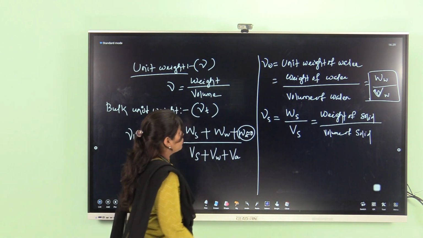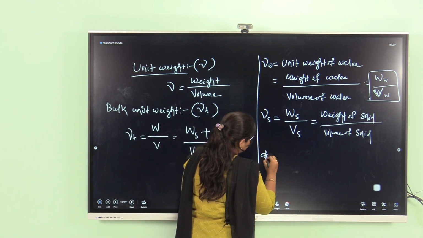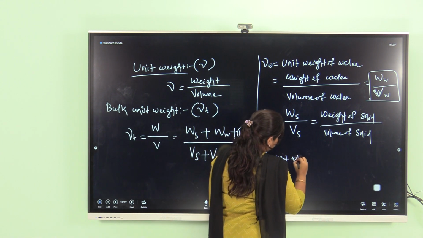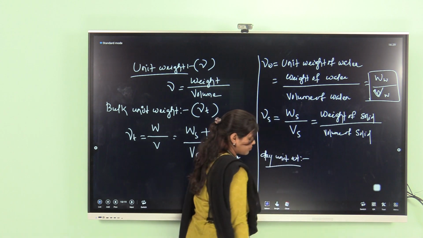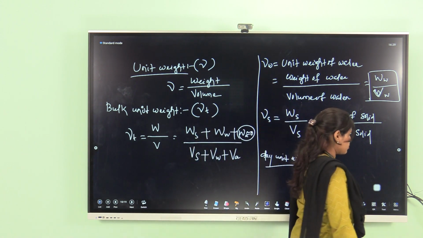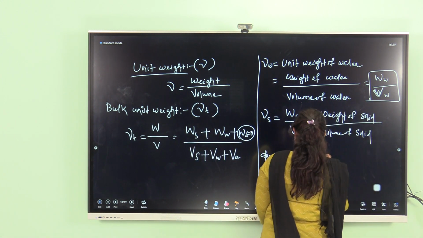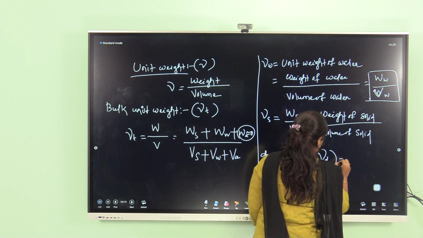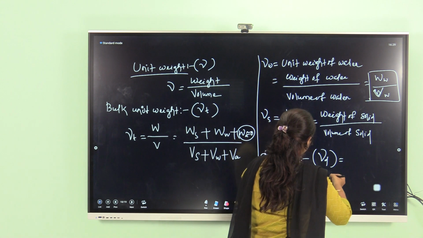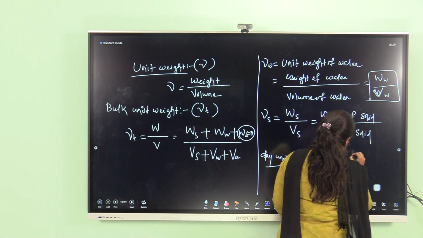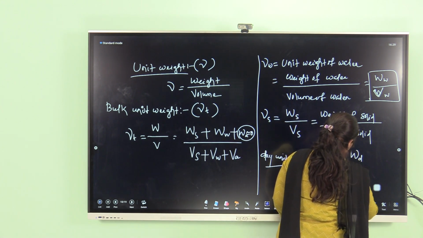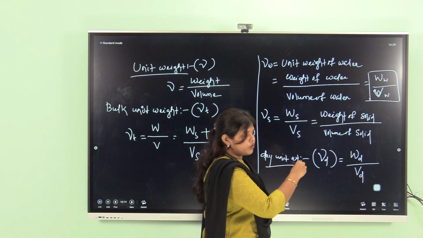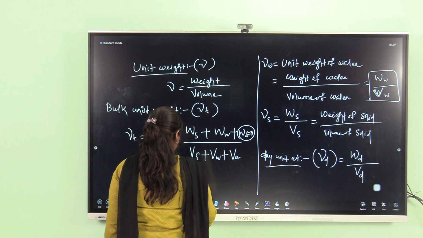Next, dry unit weight. Dry unit weight is termed as gamma d, and it is Wd by V. No water is added here. Okay.